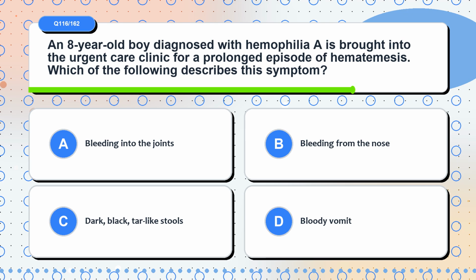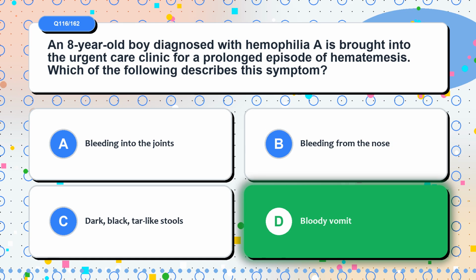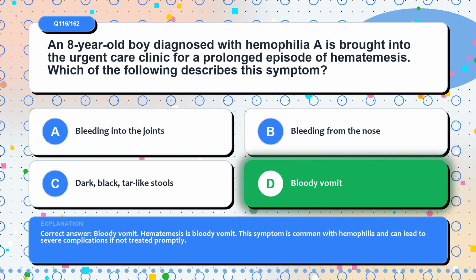Option C: dark, black, tar-like stools. Option D: bloody vomit. The correct answer is option D: bloody vomit. Hematemesis is bloody vomit. This symptom is common with hemophilia and can lead to severe complications if not treated promptly.